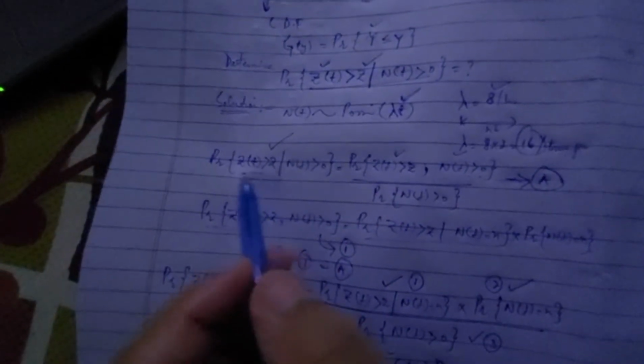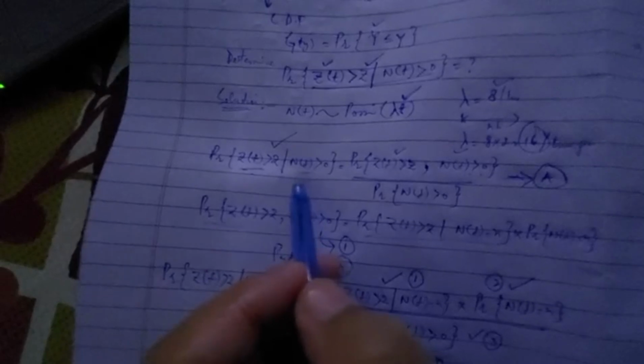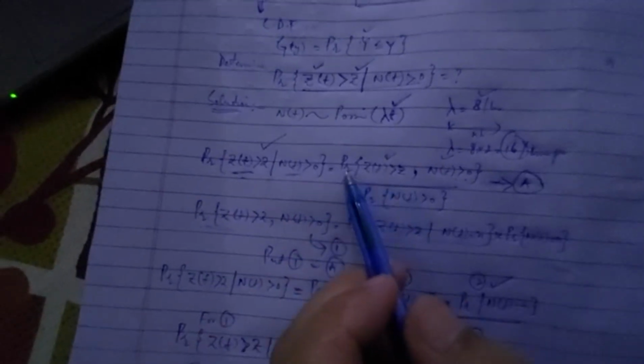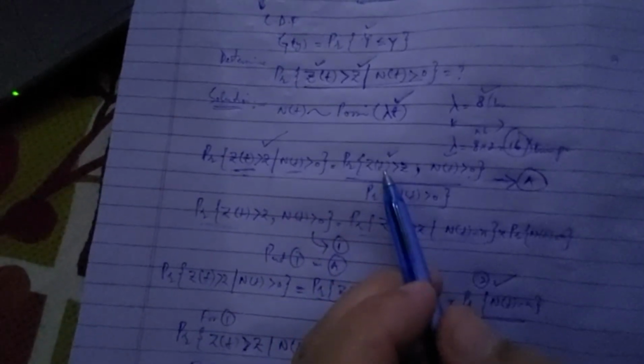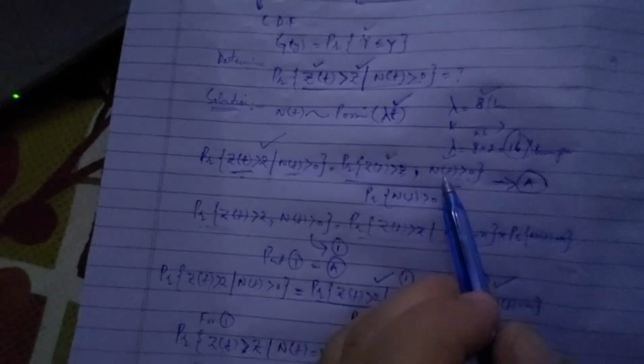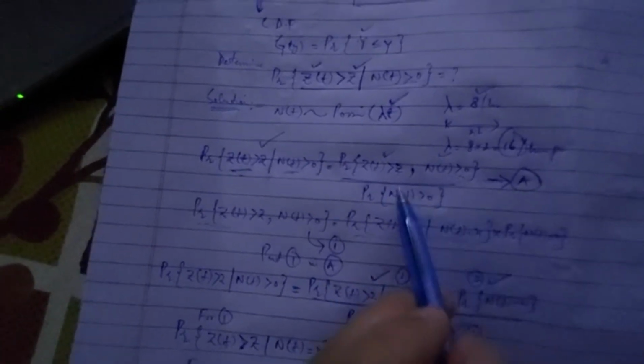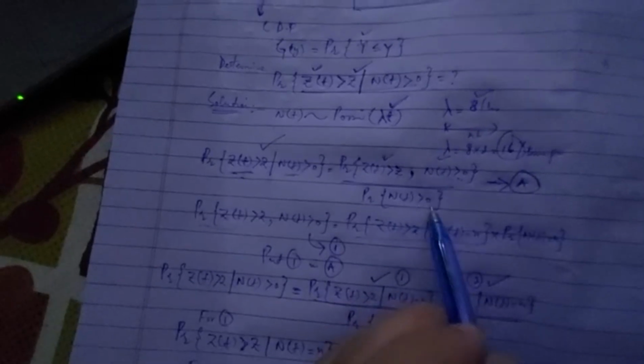Okay, now putting 1, 2 and 3 in A. So what was A? A is this thing: the probability that total damage is greater than z, such that N(t) is greater than 0. It was equal to the probability that Z(t) is greater than z, such that N(t) is greater than 0, divided by the probability that N(t) is greater than 0.